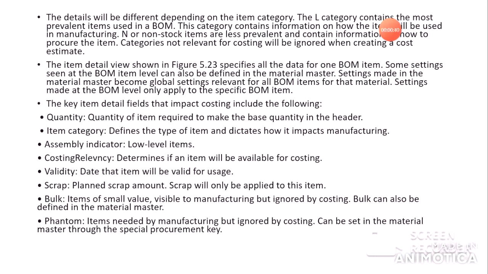All the data for one BOM item. Settings made in the material master become global settings relevant for all BOM items for that material. Settings made at the BOM level only apply to the specific BOM item.